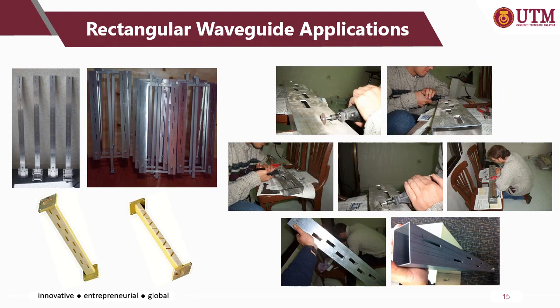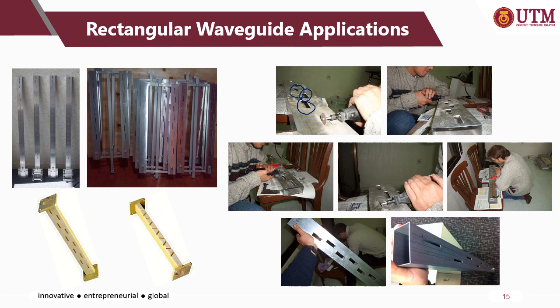Okay, so these are some of the applications of rectangular waveguide. We can see the construction of the rectangular waveguide. You have the metal tube being constructed where it's being cut, and each of these elements will basically control how the signal travels.